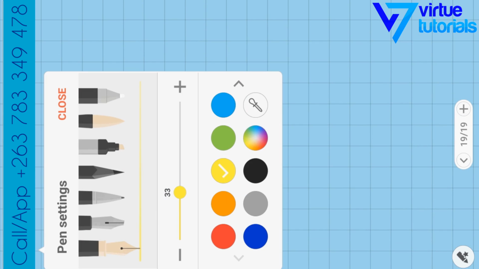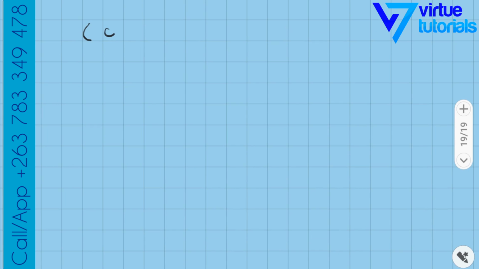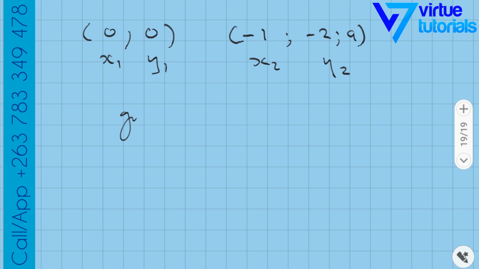We can have the point 0, 0 and the point minus 1, minus 2.9. This is our x1, y1, and that's our x2, y2. Our gradient is equal to y2 minus y1 over x2 minus x1.